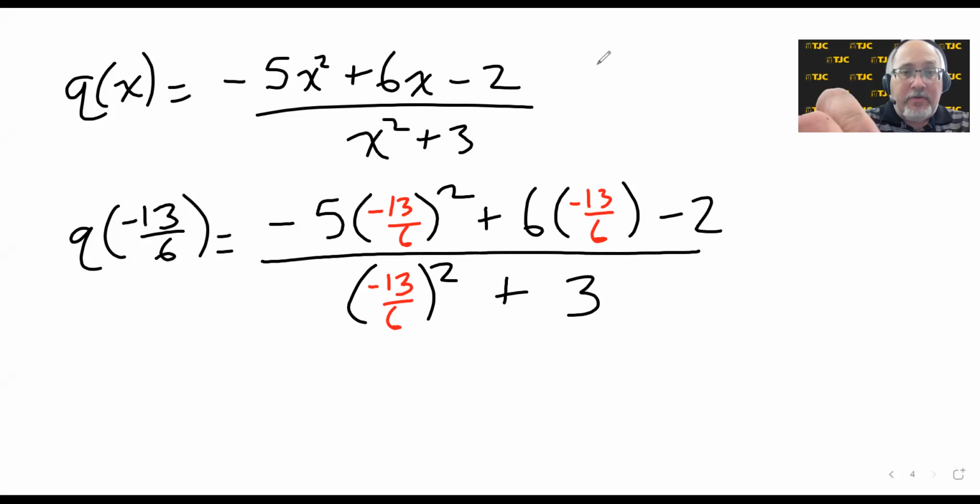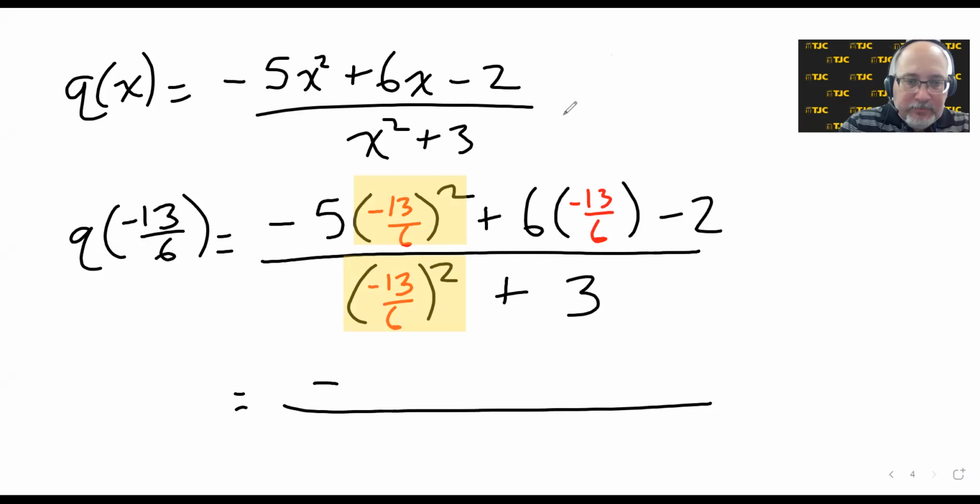First thing I would do, or rather the next thing I would do, is I would square the negative 13 sixths on both sides. Leave everything else alone just for a moment. Let's do that. We'll go ahead and write everything else.